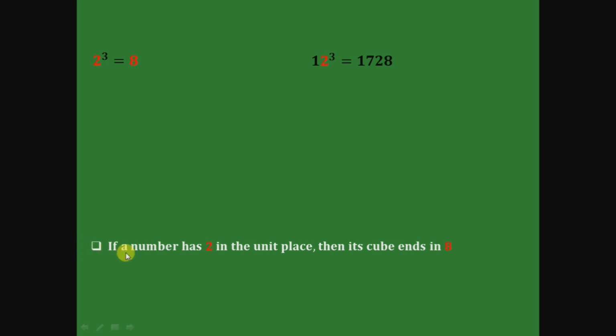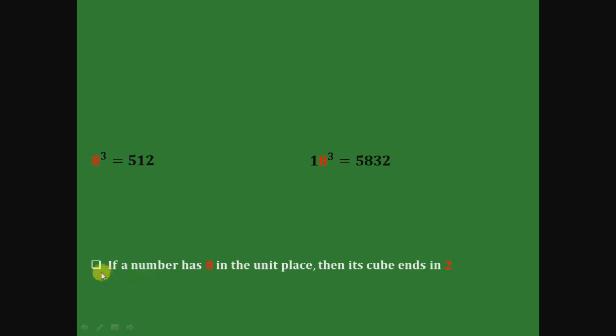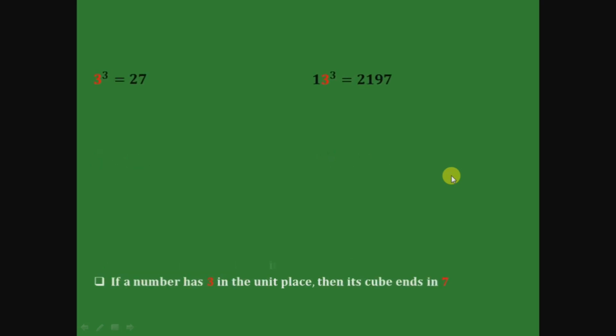Another: if a number has 2 in the unit place, then its cube ends in 8. Similarly, if a number has 8 in the unit place, then its cube ends with 2.